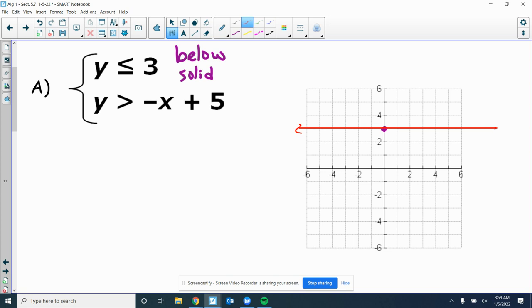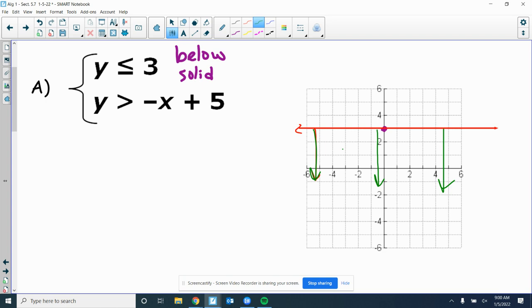Instead of shading like you did last night, we know it's going to be below, so just make some arrows right now, like this. Probably do a different color. Just go like this. So I know the first line, all the points below that line are the solution.